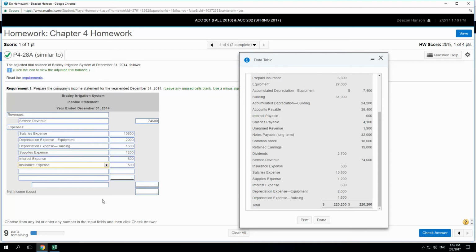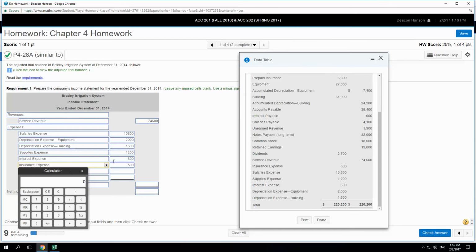Interest? Did I skip interest? Well, one way to make sure you got all of them is to count them, right? 1, 2, 3, 4, 5, 6. So I think I got them all. Then I'm going to add them up.